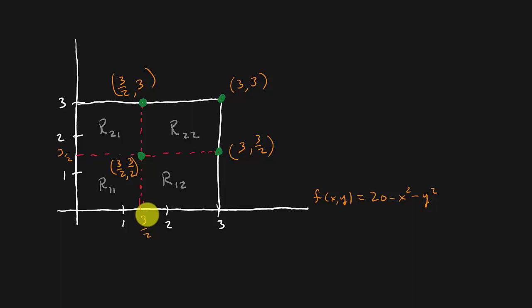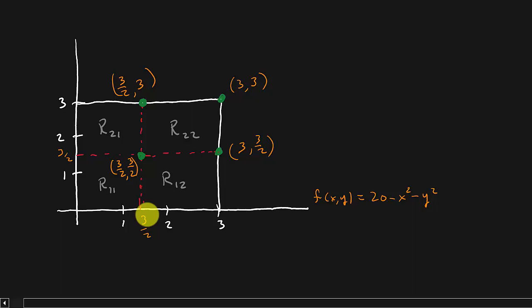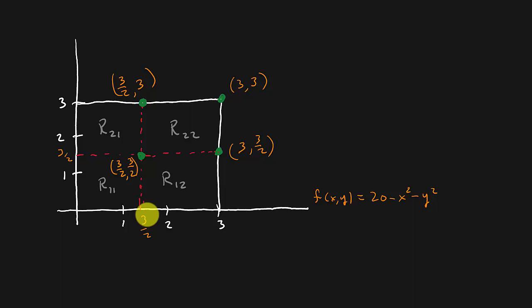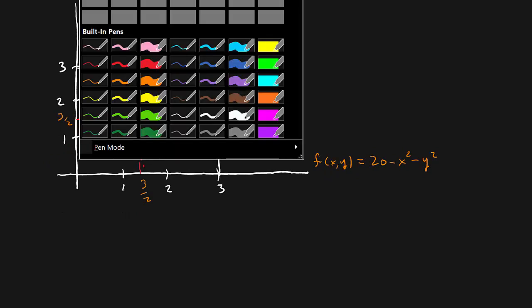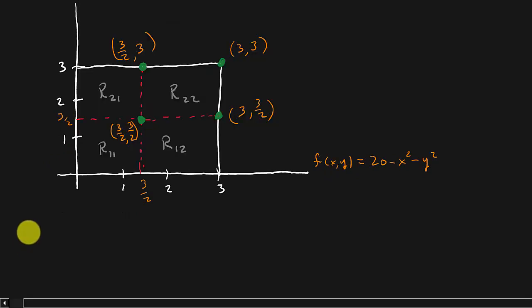So do we know what m and n are? Because I need to get delta x, and I need to get delta y, and I need delta A, right? I need the area of each one of these boxes. Obviously we know that the width, this m here, that's 3/2. N would be 3/2. But let's write it out so we can see all this.